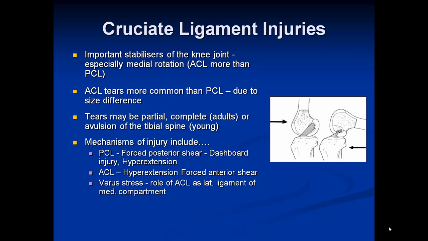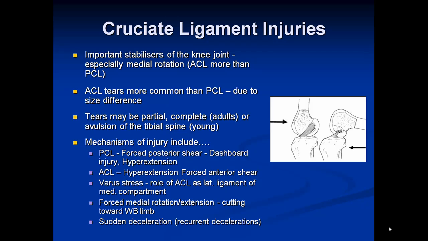The varus stress role of the ACL is also important as the lateral ligament of the medial compartment. Cutting manoeuvres, especially where there is a force involved, will also affect the cruciate ligaments, and sudden deceleration injuries may occur.